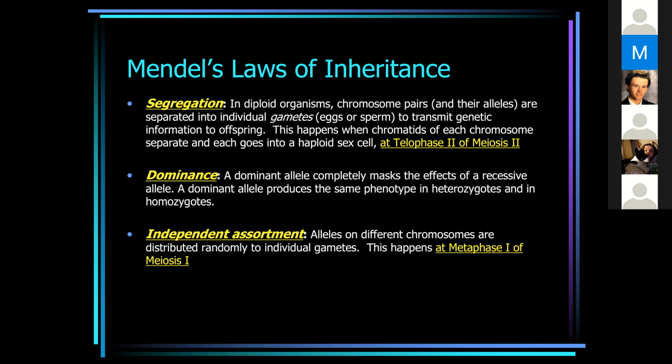The alleles on different chromosomes are randomly distributed to individual gametes, and this happens at metaphase 1 of meiosis 1. So again, go back and review what happens in the various cell divisions in meiosis. Independent assortment occurs at metaphase 1 of meiosis 1. So it might be instructive to go back and actually look at those illustrations of cell divisions in meiosis.